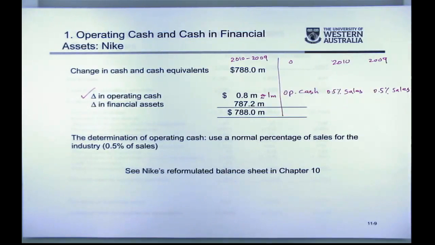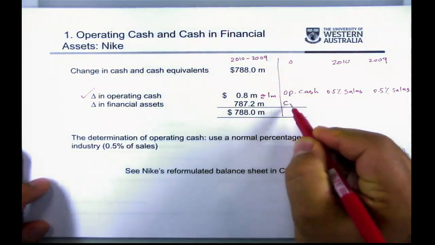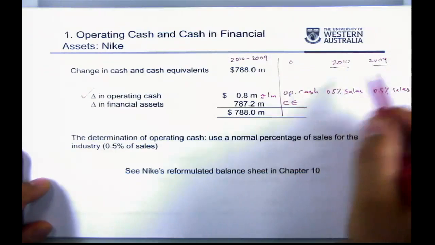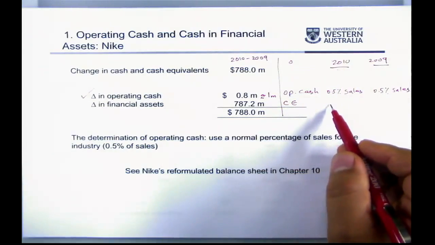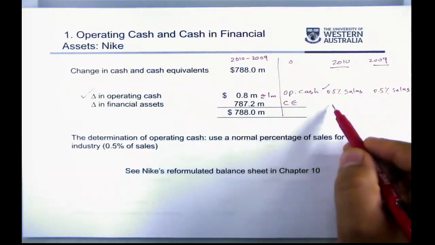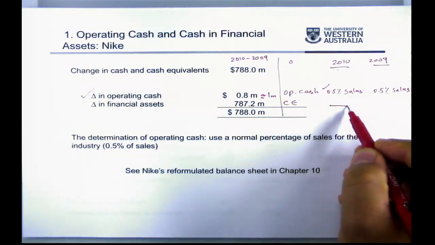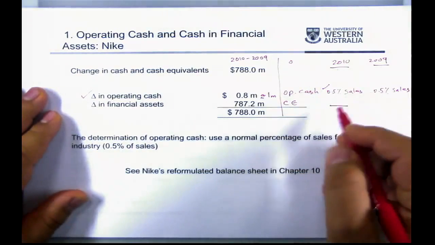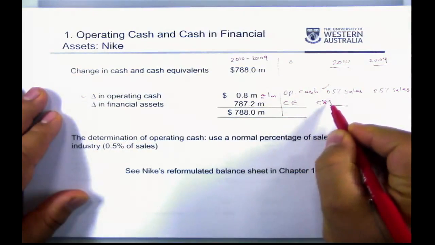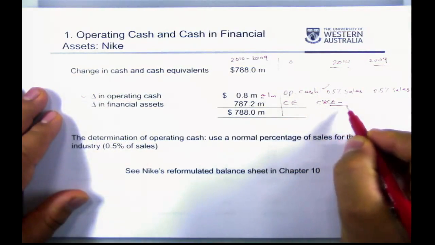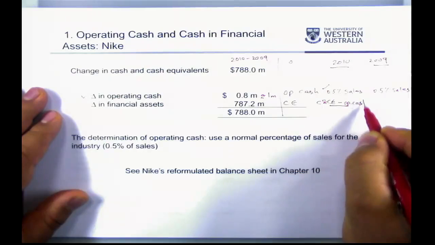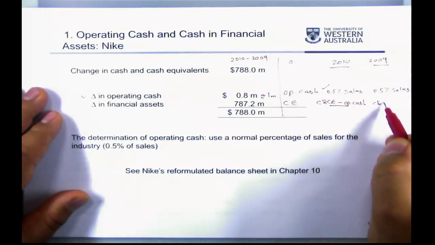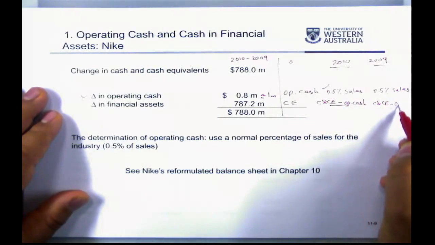Okay? Then we calculate the cash equivalents over these 2 years. In this year, in 2010, it is the difference between cash and cash equivalents and the operating cash. That will give us the cash equivalents. Make sense? So here, in 2010, it is cash and cash equivalents minus operating cash. The same here. It is cash and cash equivalents minus operating cash.